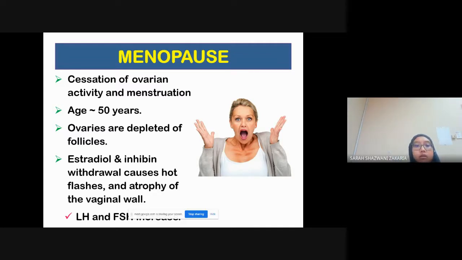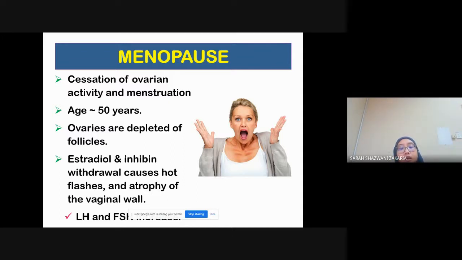Okay, when the follicle is depleted or finished, the estradiol inhibition is withdrawn. So we know that the estrogen secretion comes from the follicle cells that proliferate and differentiate, right? The granulosa cells proliferate and then eventually differentiate into granulosa cells, theca interna, theca externa, right?